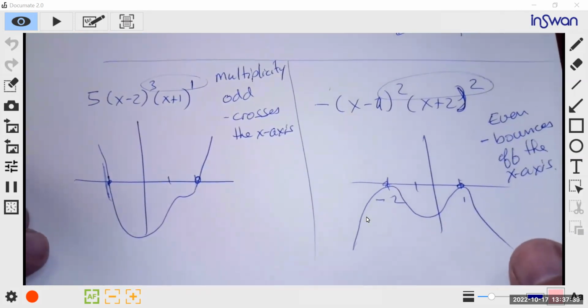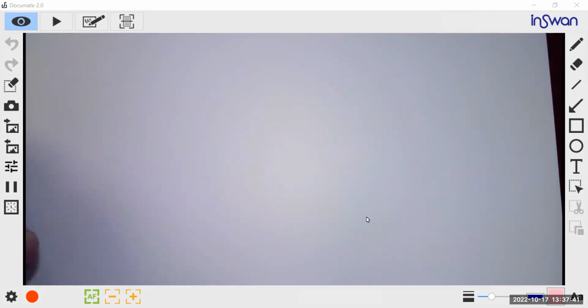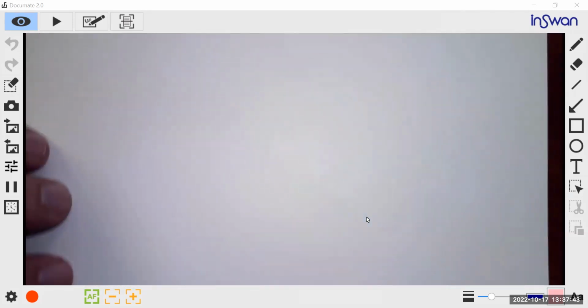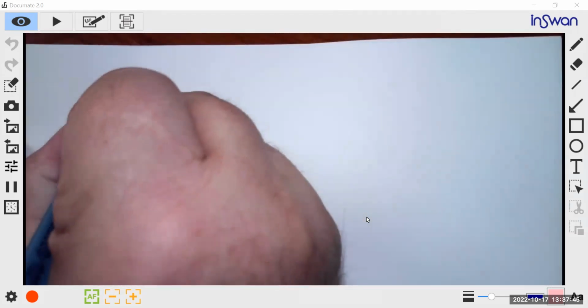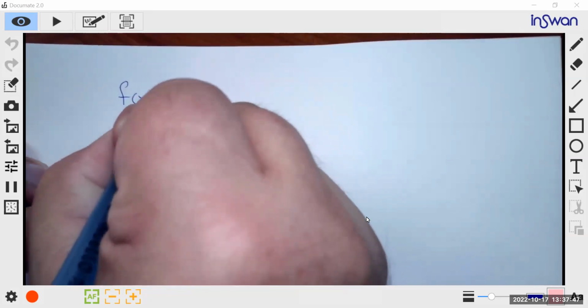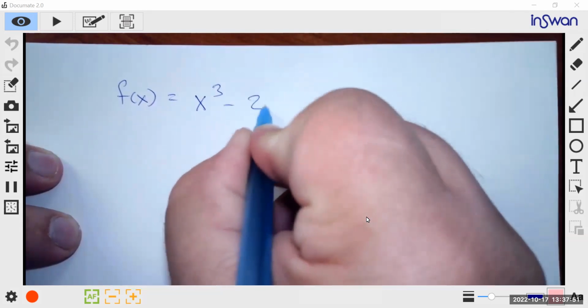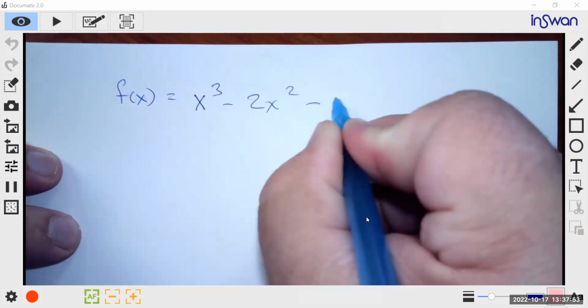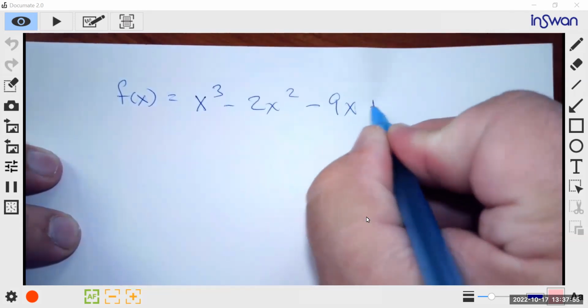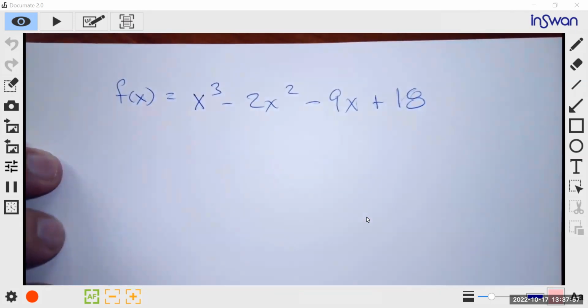All right. Here's the next one. This one you can factor out. We've done something like this before. x cubed minus 2x squared minus 9x plus 18.